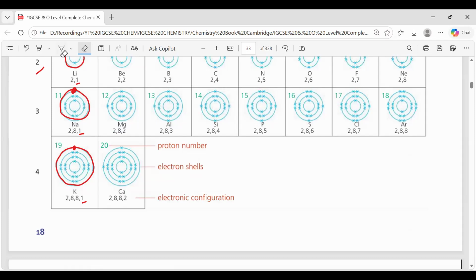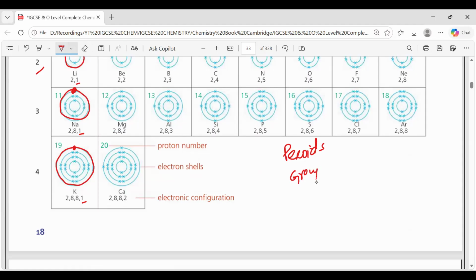If I ask you in the paper in the test, how we arrange the elements in the periodic table, you will say on the basis of periods and groups we arrange them. In the groups, the elements of each group will have the same number of valence shell electrons.